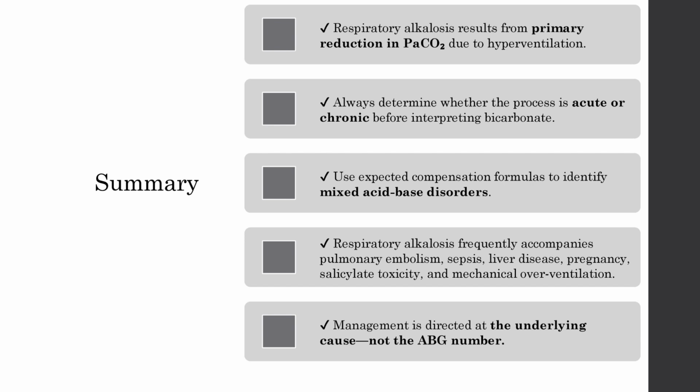Respiratory alkalosis frequently accompanies pulmonary embolism, sepsis, liver disease, pregnancy, salicylate toxicity, and mechanical overventilation. Management is directed at the underlying cause, not the ABG number.